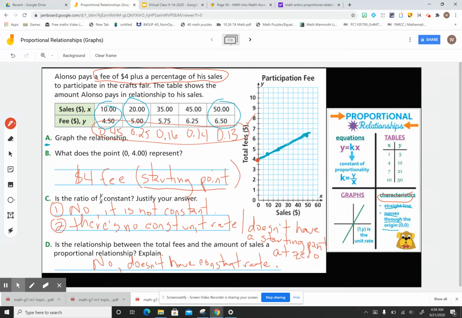That's it. If it doesn't have a constant rate, that means it cannot be proportional. Now, to add on to that, no, it doesn't have a constant rate. It also does not start from zero. Okay? So that's how you would determine if a table, if you graphed it, represents a proportional relationship.